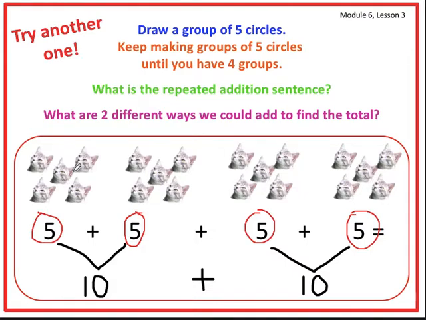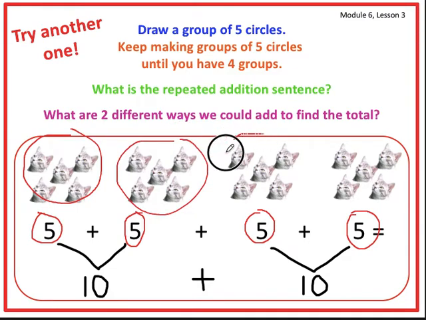I see. So why did we add 5 together 4 times? See, we have 1, 2, 3, 4. Why did we do that? Oh, because we have 4 groups of Bibi Lynn heads. 3, 4. Okay, that makes sense. All right, I was just checking.